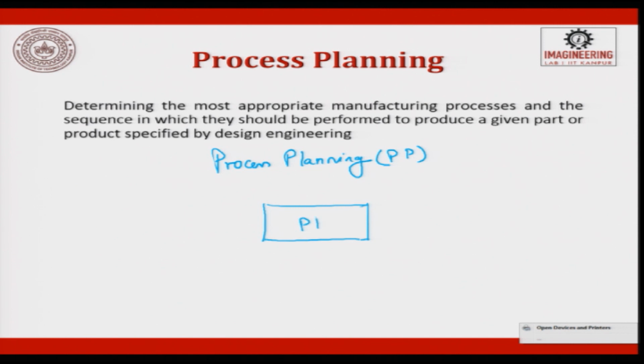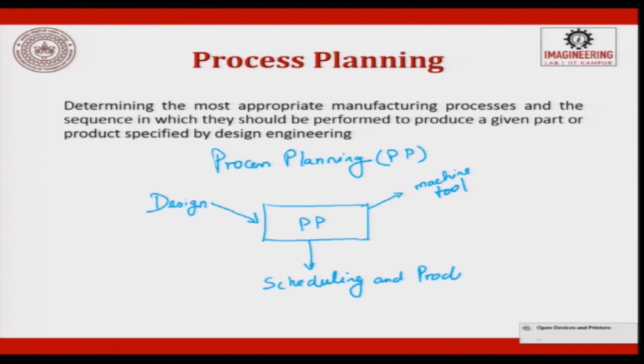So, the process plan gets input from design, and then also looks at machine tool, and it also looks at scheduling and production control.